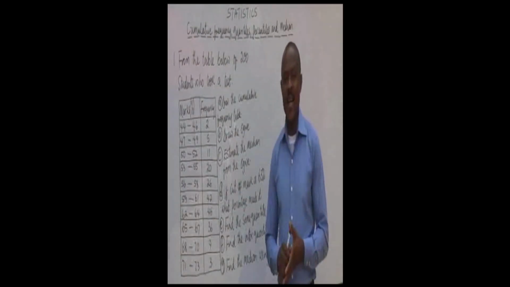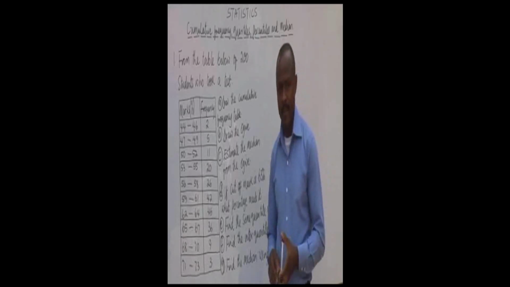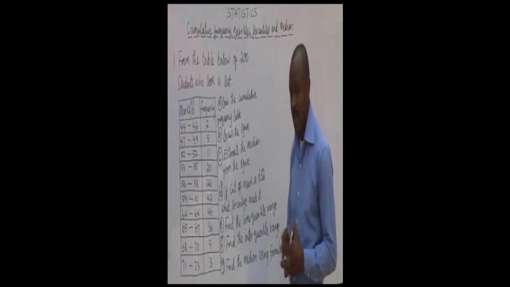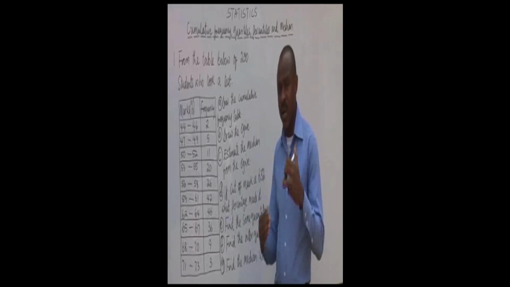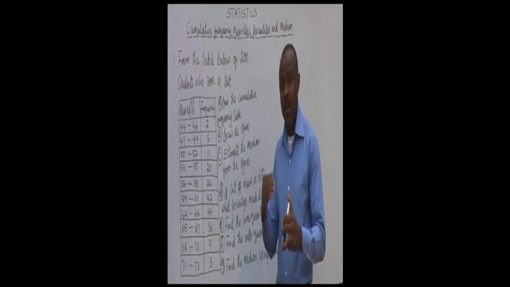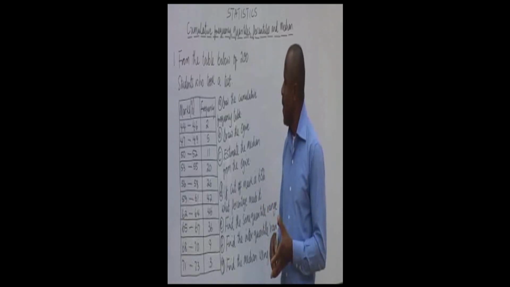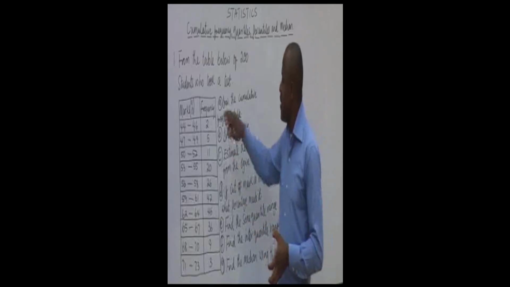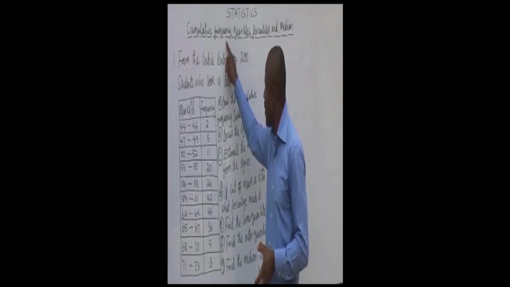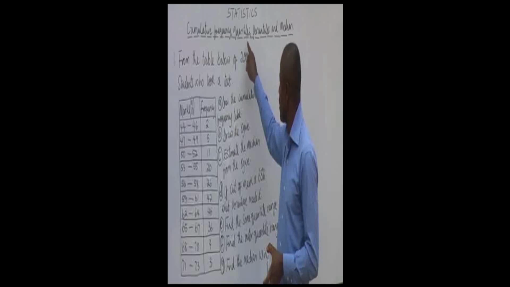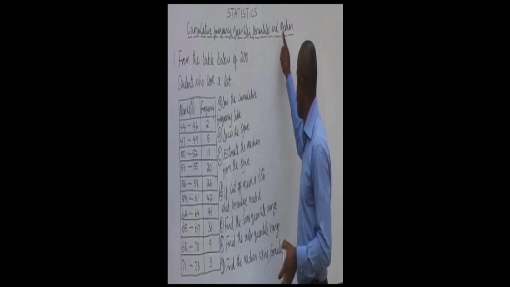We have entered into a brand new topic in our statistics. We are progressing gradually, and I know how and why I'm taking it gradually, so that you will all be taken along. The topic we enter now is cumulative frequency, quartiles, percentiles, and median.